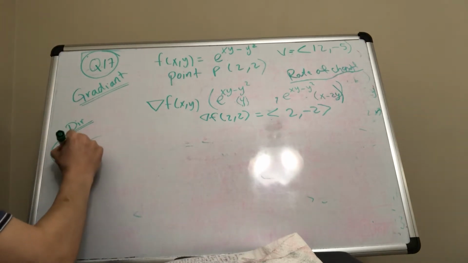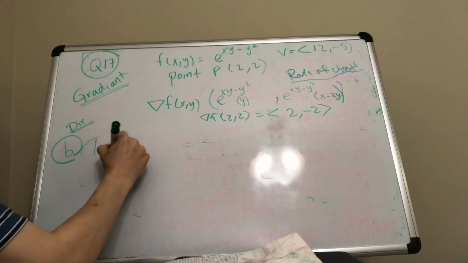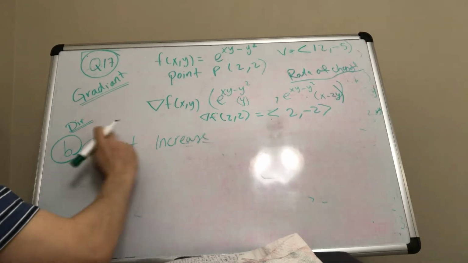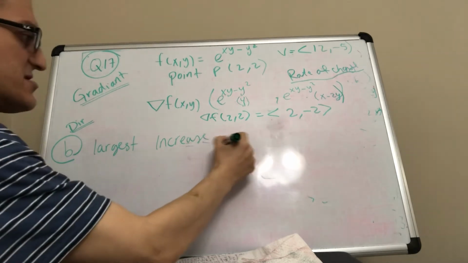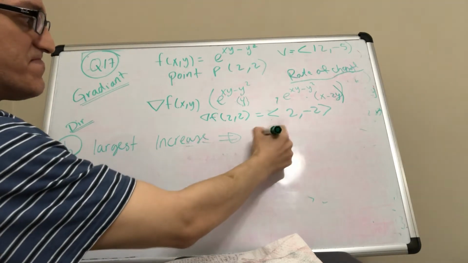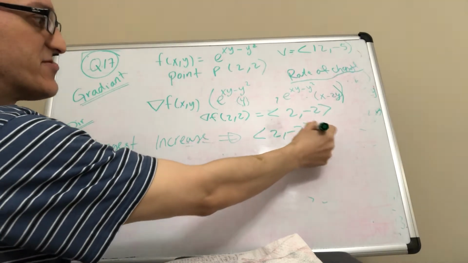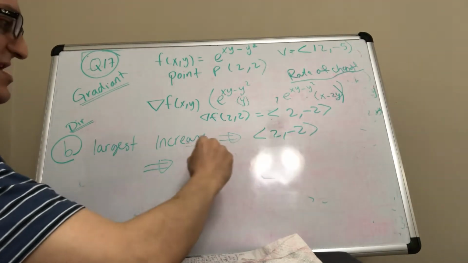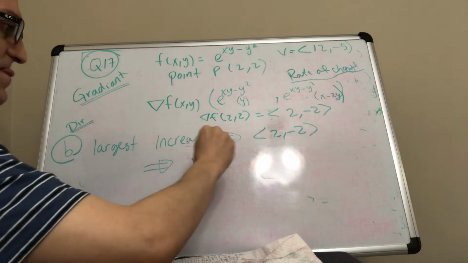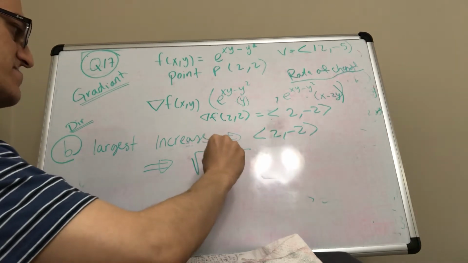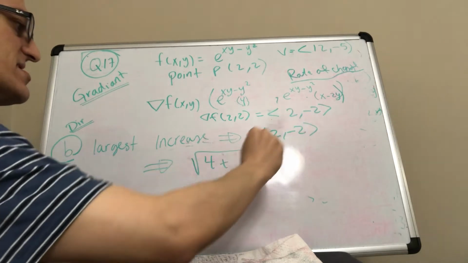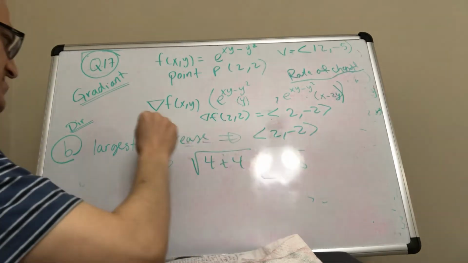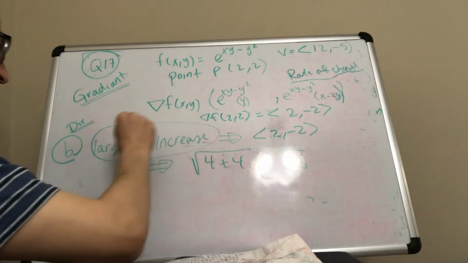So now the direction is largest increase. In the direction of the largest increase, it would be whatever the gradient is, and you can also find the magnitude of this. 2 squared plus minus 2 squared, it's root 8. Because it's the largest increase.